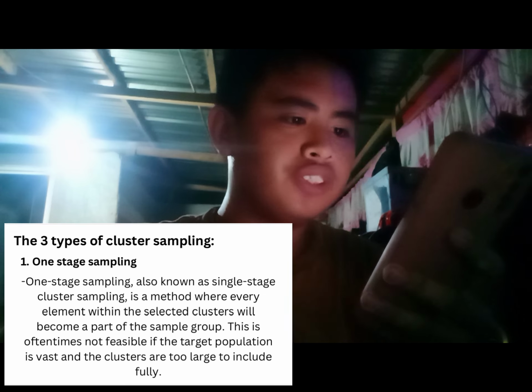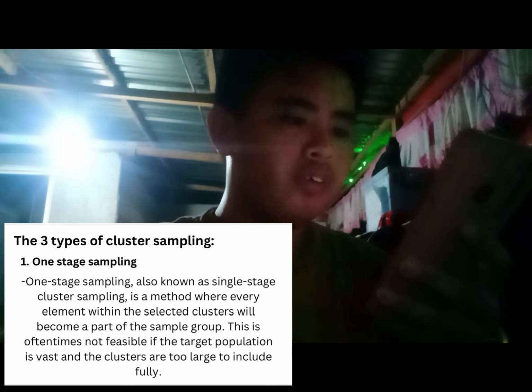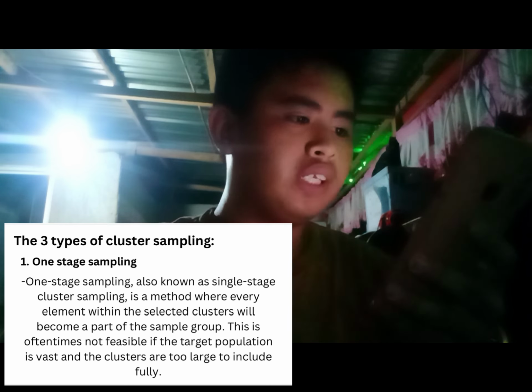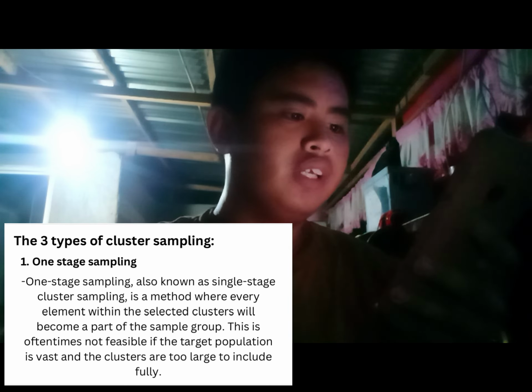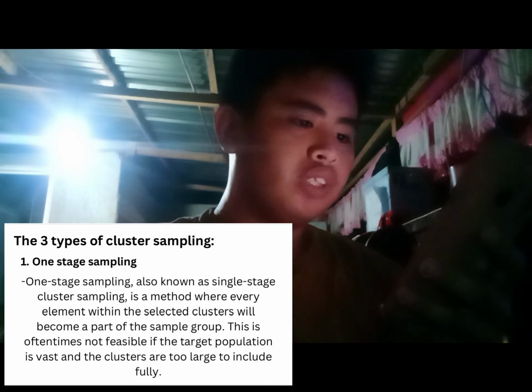Types of cluster sampling. First, one-stage sampling. One-stage sampling, also known as single-stage cluster sampling, is a method where every element within a selected cluster will become a part of the sample. This is often not feasible in the target population if the clusters are too large to include fully.